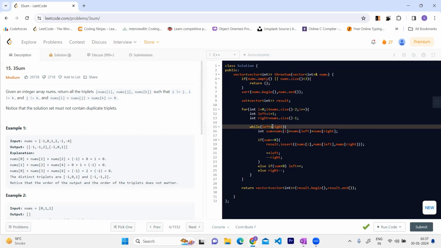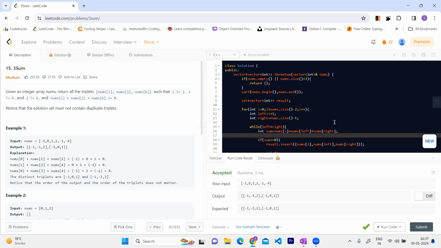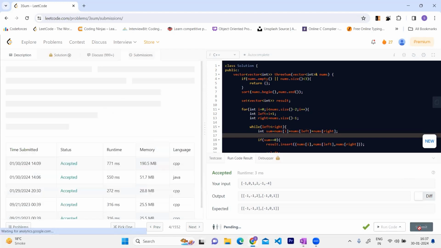There is also one typo over there. Instead of equal to, we'll just use while left is less than right. Now let's try to run this code. It works perfectly fine. Now let's try to submit this code.